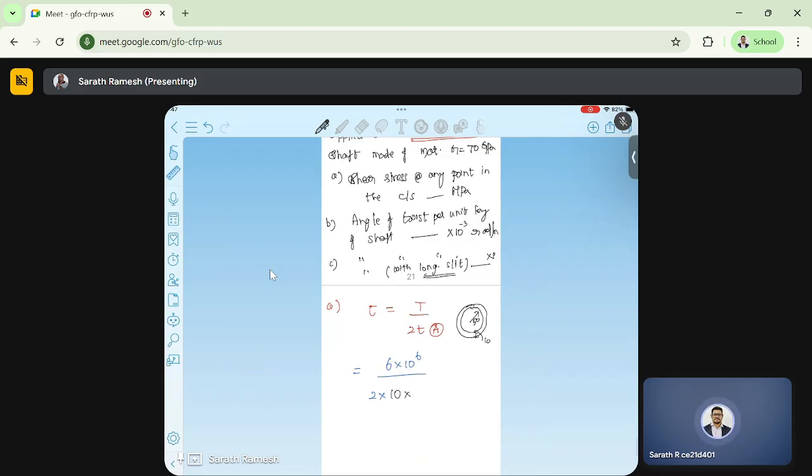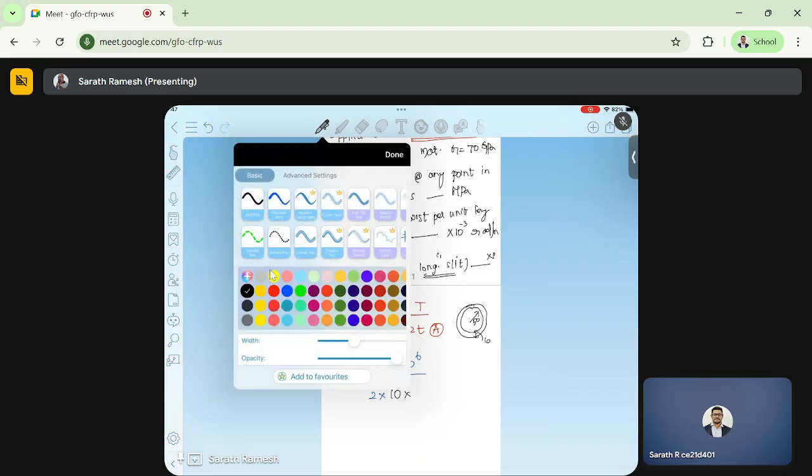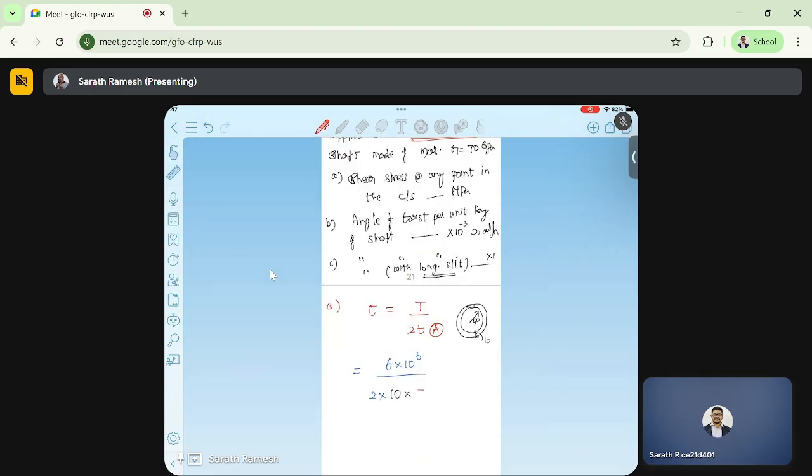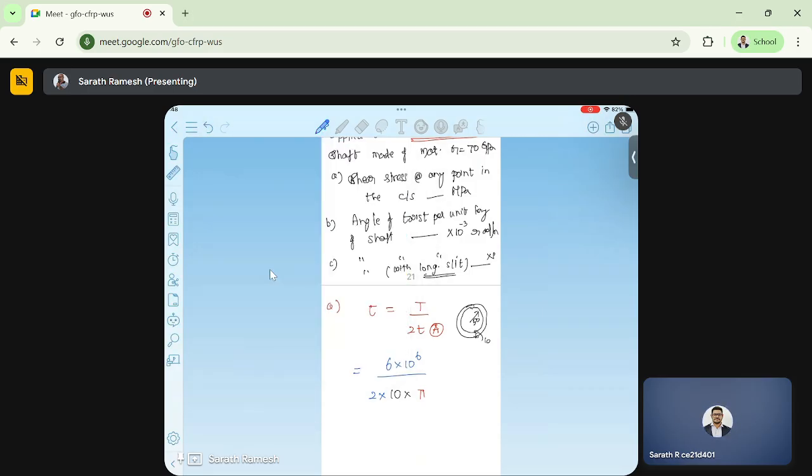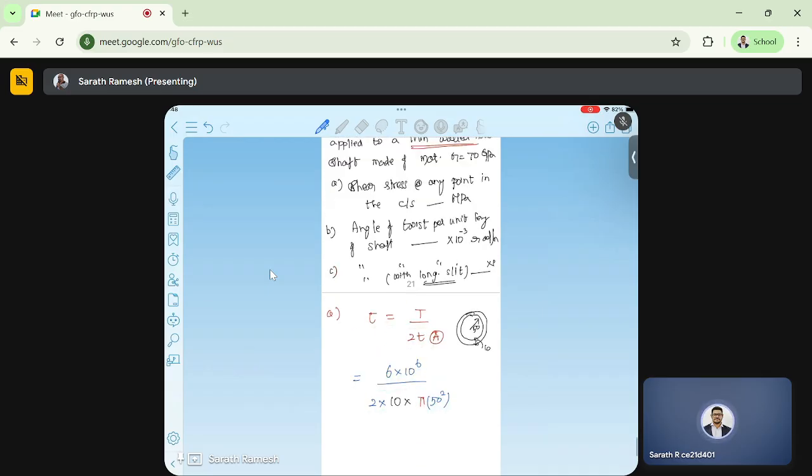What is the area enclosed? It is pi r square, 50 square, radius square. This is the area enclosed. This is the mean diameter, so radius.